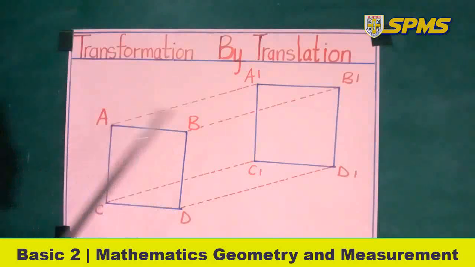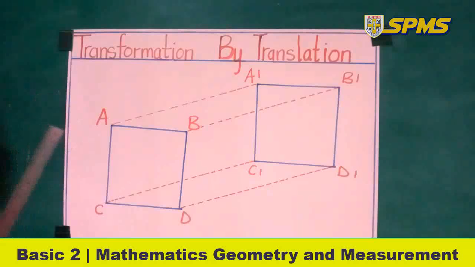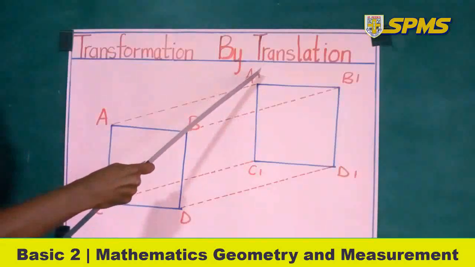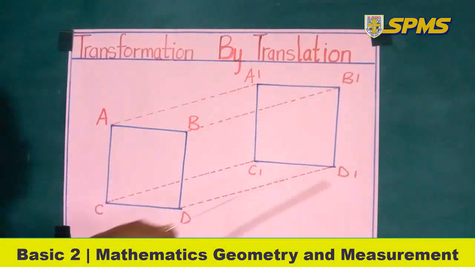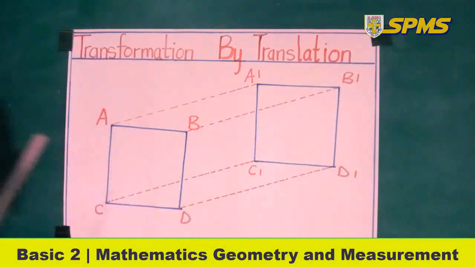You can see another square at the other side. So what has happened to the first square? It has been translated to be A1, B1, C1, D1. But what shows that the object has been translated from its original position to a new position?